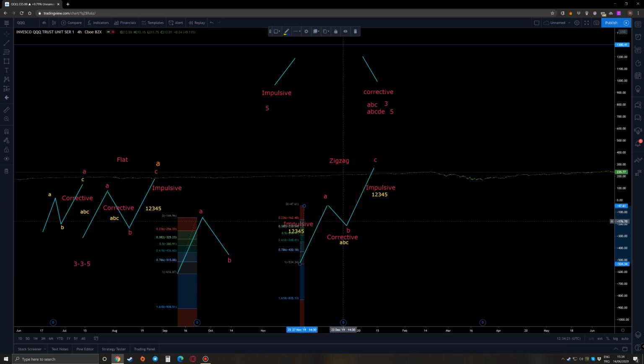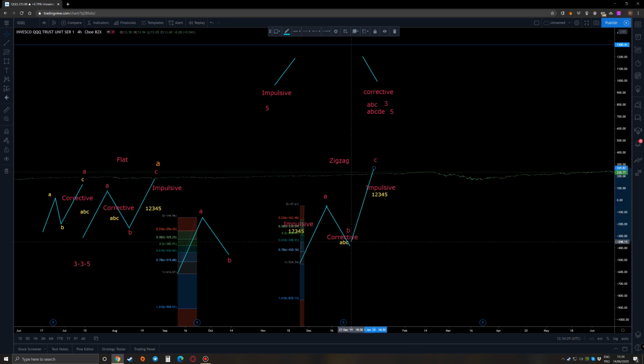So we are not looking for such a deep retracement here on a zigzag. You cannot have a zigzag that is doing something like this. If you see something like this, probably you're looking at an impulsive move, and this was first wave, second wave, and a third wave, but you think this is an ABC, but this 618 cannot happen.